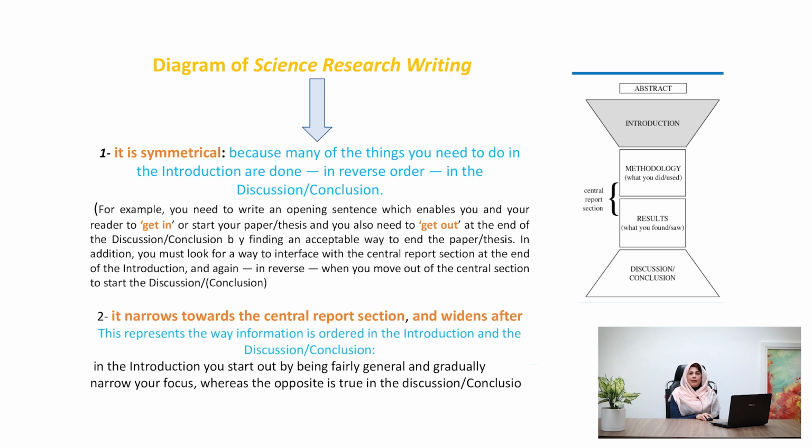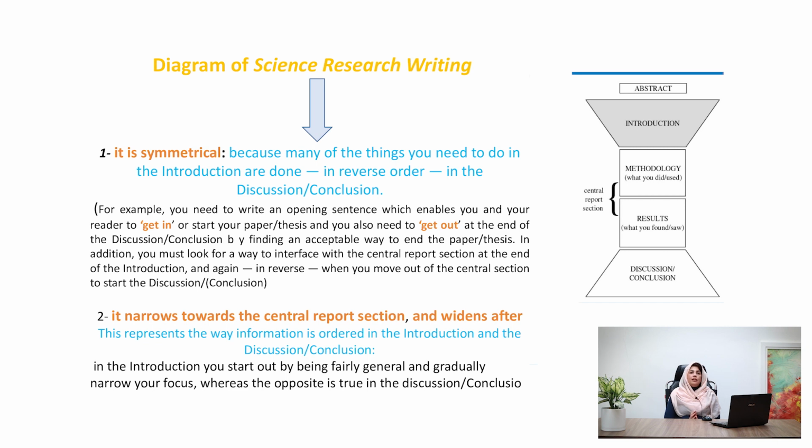The second important point you should notice in this diagram is about its shape. It narrows toward the central section and widens after it. This represents the way information is ordered in your article, in the introduction and in the discussion or conclusion.